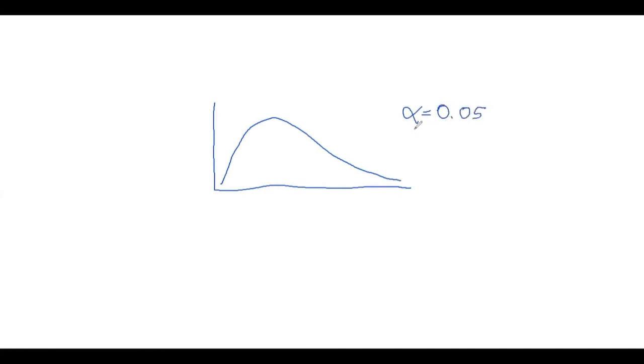If we're using an alpha of 0.05, we're looking at that area of the curve that has a 5% probability or more extreme occurring if the null were true.